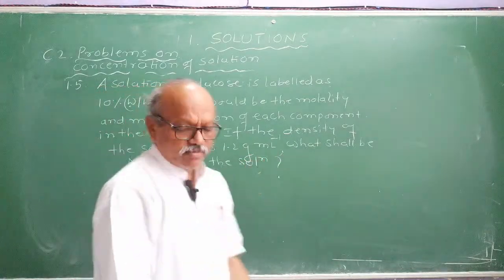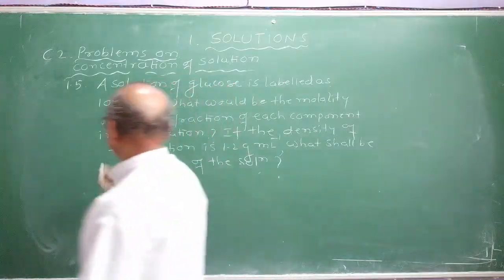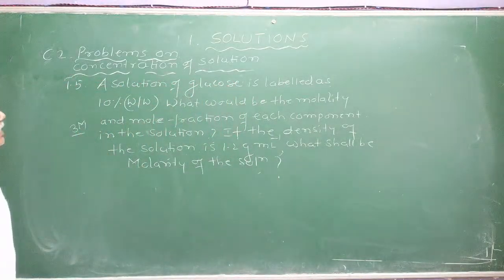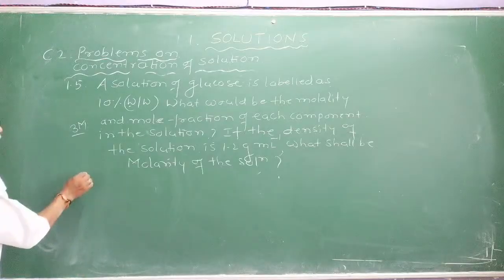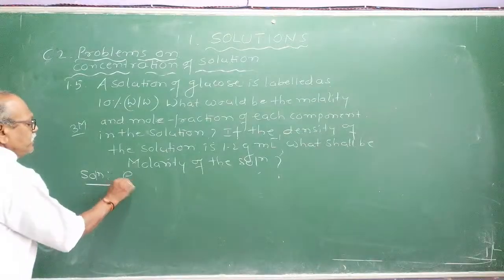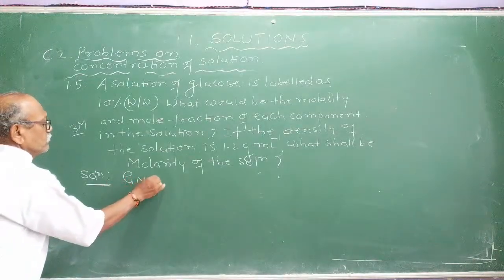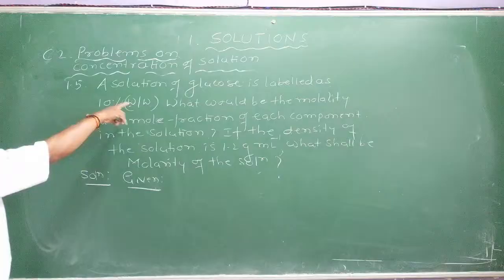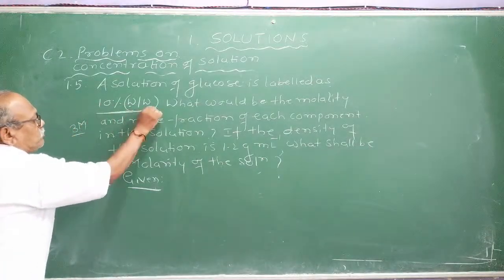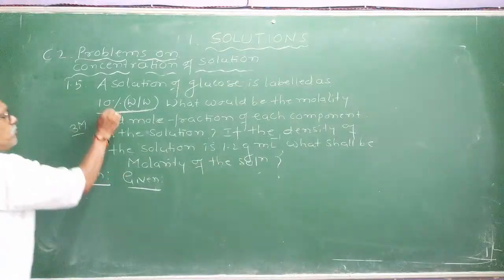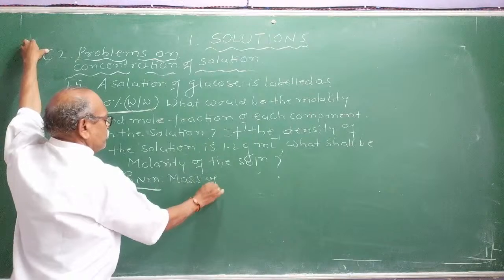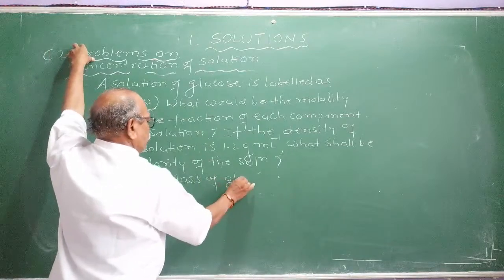Okay. Again, similar type of problem. Good question for 3 marks. See, you have to find out the 3 values. First of all, you study carefully the problem. Read word by word what is given to you. A solution of glucose is labeled as 10% W/W. Means what? You collect the information, whatever information is possible.